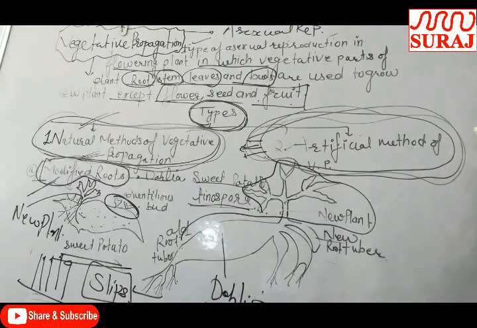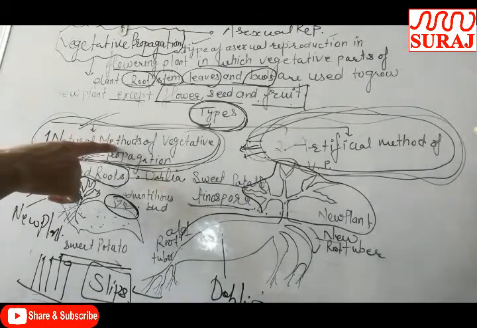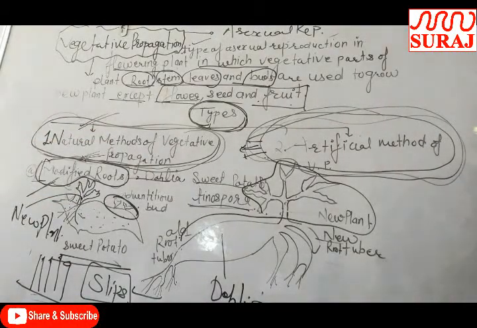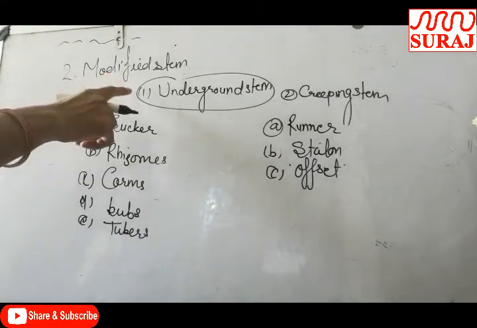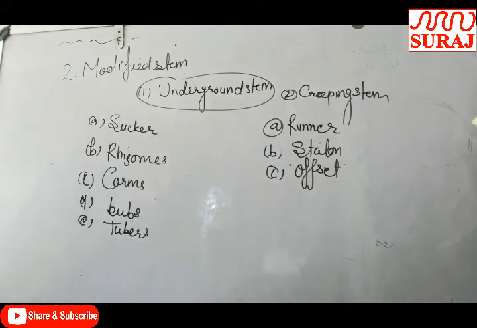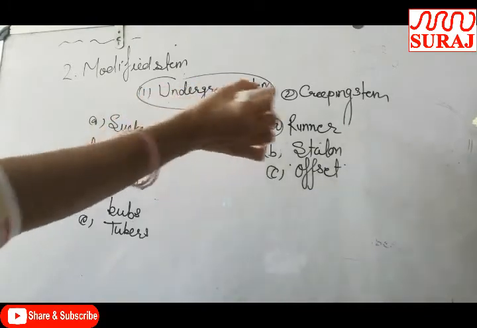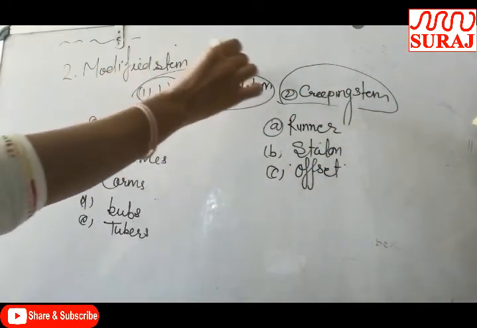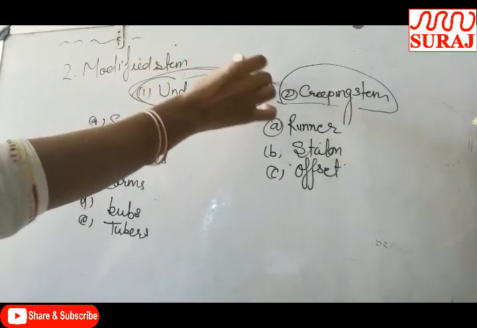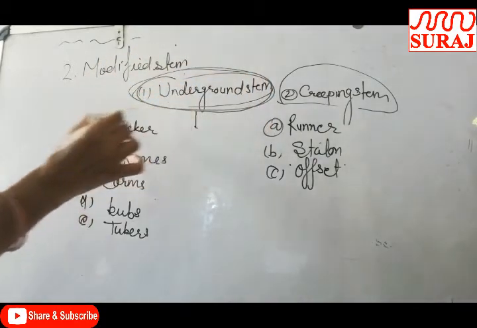Now the second method of vegetative propagation is modified stem. Modified stems may be underground or creeping type stems. The underground stems are also modified and grow into a new plant.